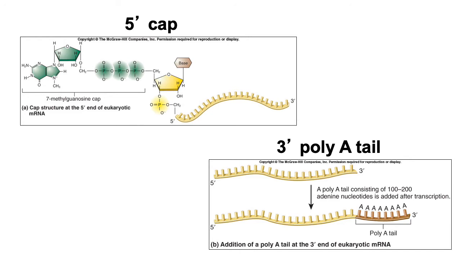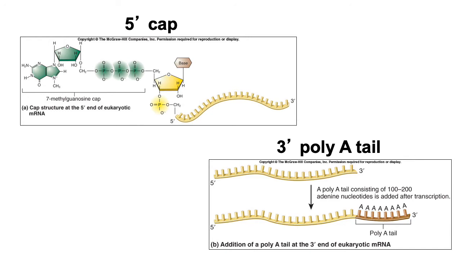But 5' capping is one of the RNA processing steps. And then 3' poly-A tailing, or 3' tailing, is another processing step that occurs. So we get a unique nucleotide added to the 5' end of our messenger RNA. And then the other thing that happens is a whole string of A nucleotides are added to the 3' end of the messenger RNA to convert it from a pre to a mature messenger RNA.